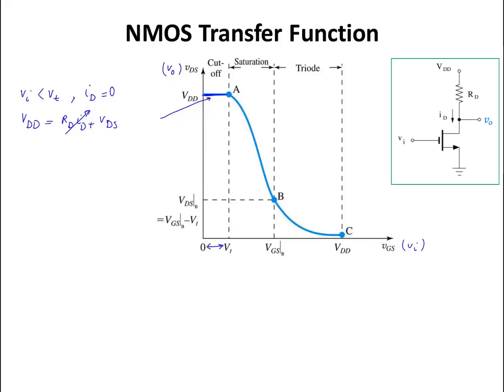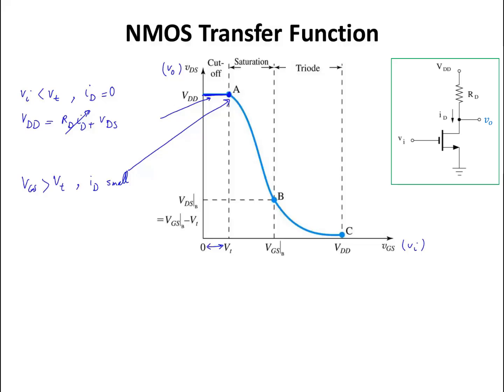In this region, VGS is increased beyond threshold voltage. So there is a channel formed underneath the gate, and ID is small at this moment because, although you have this channel induced underneath the gate, the value of gate to source voltage is still small, and as a result ID is small.